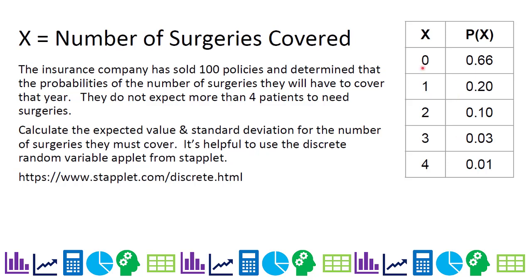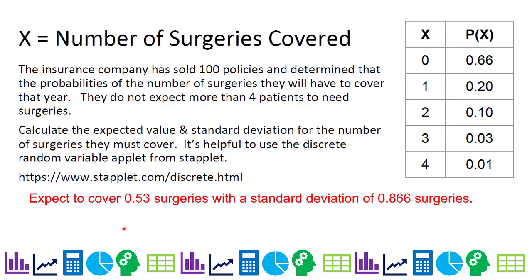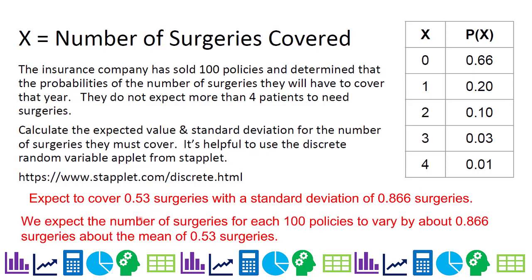But that's a little tedious, and we do have technology like Staplet, and I'll show it to you in a sec. So with the Staplet, we found that the mean or expected value is 0.53. Remember, mean, expected value, and average are all the same value. And we have a standard deviation of 0.866 surgeries. And the way we interpret it is we expect the number of surgeries for each 100 policies to vary by about 0.866 surgeries, about the mean of 0.53 surgeries.